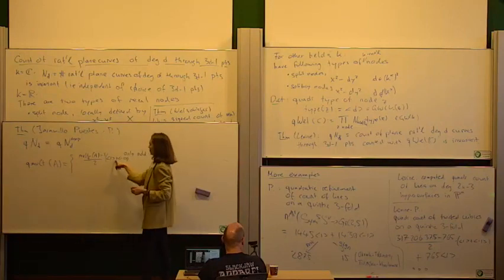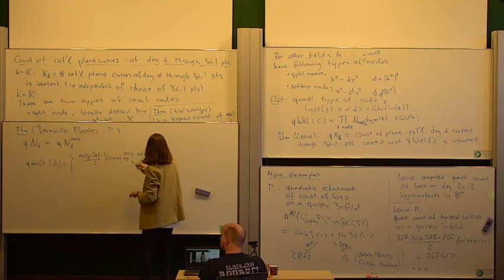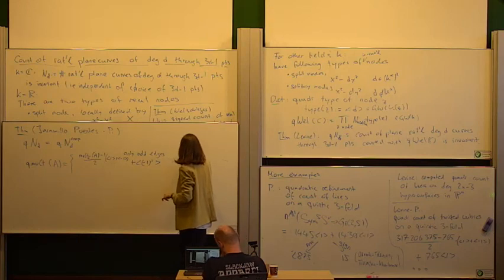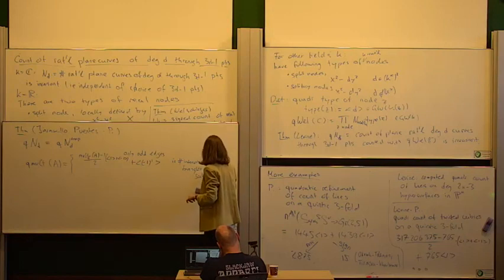So in the real case, this will just vanish. And then I put a minus 1 to the I, where I is the number of interior points in the triangles of the dual subdivision of your curve. And this agrees with the real case.